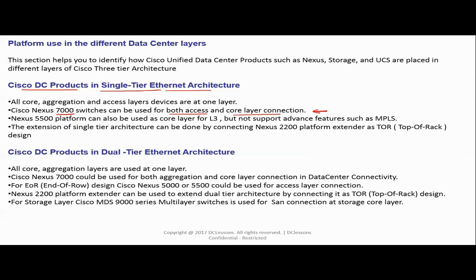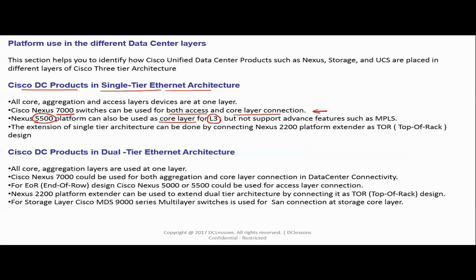If you don't want to use Nexus 7K as an access layer and a core layer, you can use a Nexus 5500. It can be used as a core layer, but if you are using a Nexus 5500 as a core layer, then you have to put an L3 daughter card on the expansion slot of the Nexus 5500. Then only it will work as layer 3.